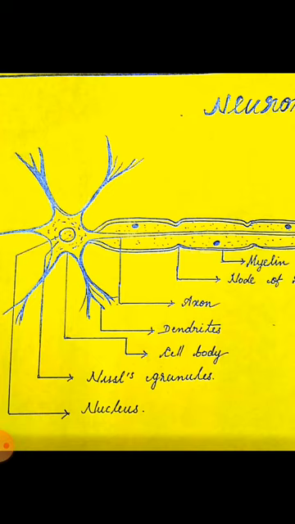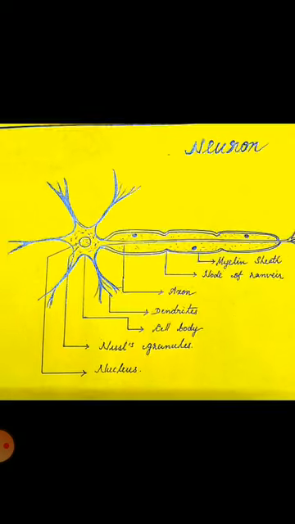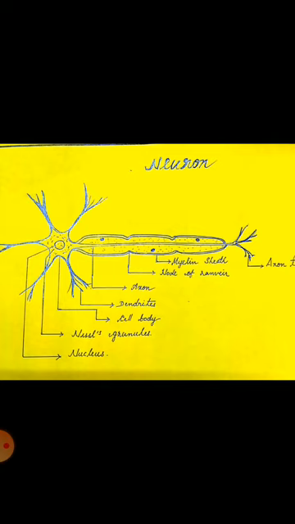The bundle of axons forms a nerve, and this axon ends in axon endings. So this is the structure of a neuron, and this axon is covered with membranes.